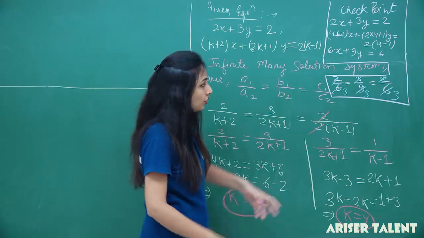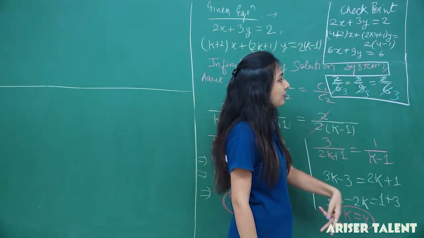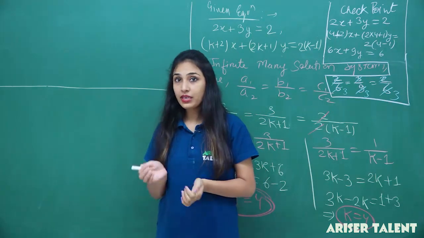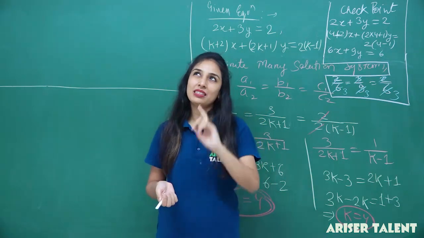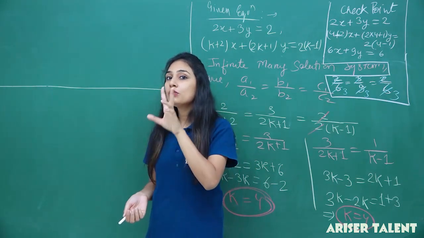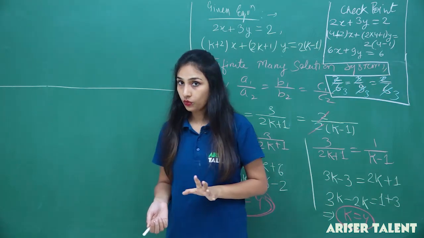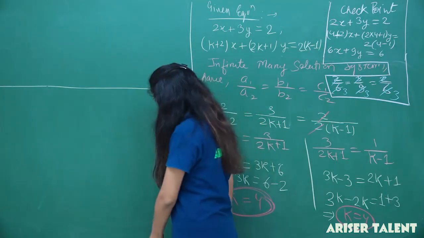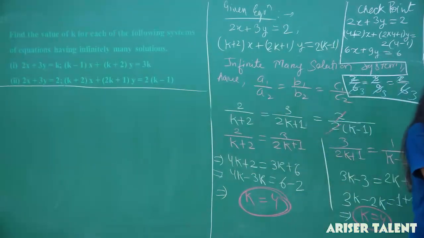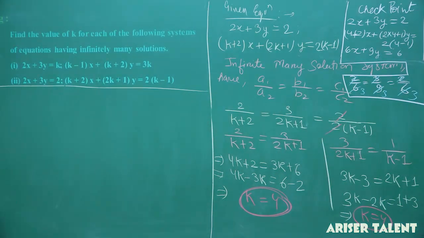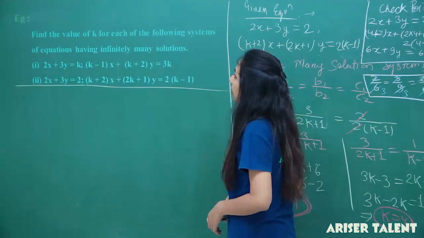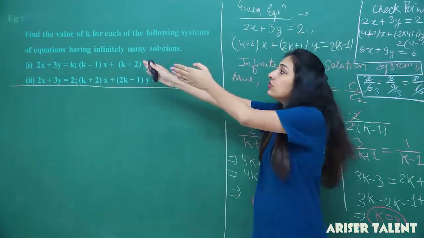So a1 by a2 equals b1 by b2 equals c1 by c2. Now we have this question done. You can note this part also. Now just forget this.